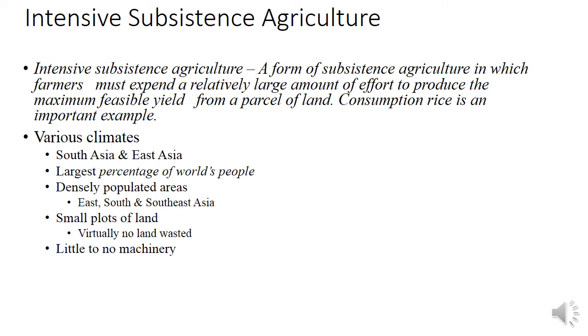So there will be greater and greater pressures on the farmers of those areas to use more and more intensive methods to get the same amount of food out of their small plots of land. That's the other big point here: intensive subsistence agriculture generally makes extensive use of small plots of land with virtually no land wasted if possible.